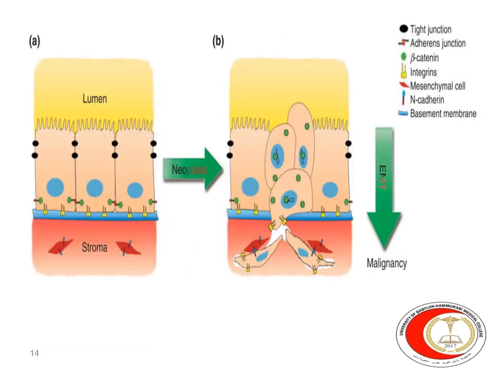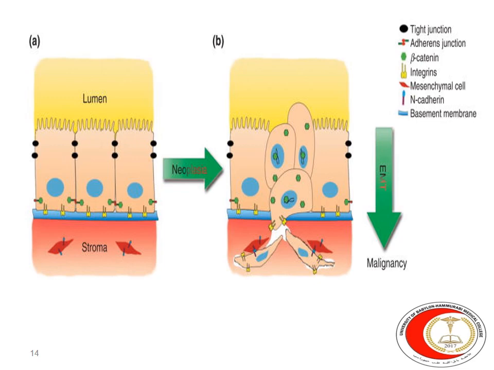In this figure, on your left side, figure A, you can see normal epithelial cells arranged as polarized cells, all in one direction, and they adhere basolaterally to one another atop a basement membrane, forming a barrier that separates the lumen and stromal compartment of parenchymal tissue.